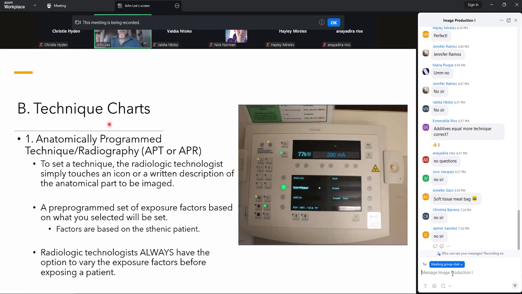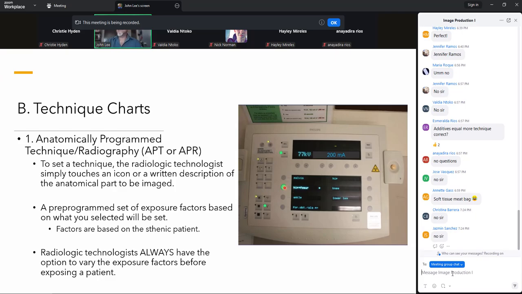Now we're reduced to a couple sheets of paper and general sizes, and the anatomically programmed techniques, or anatomically programmed radiography, where we are able to press a button based on the body part that we're going to do.